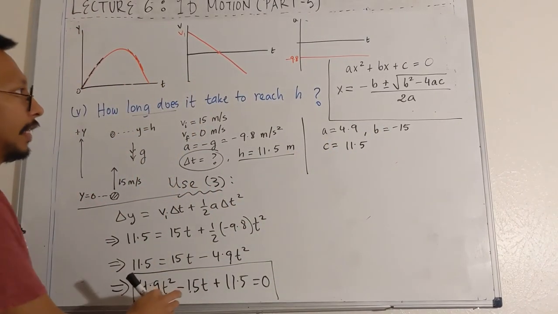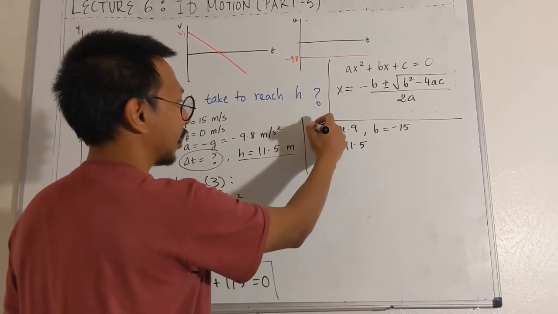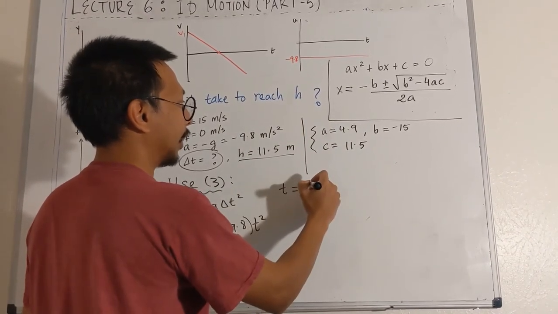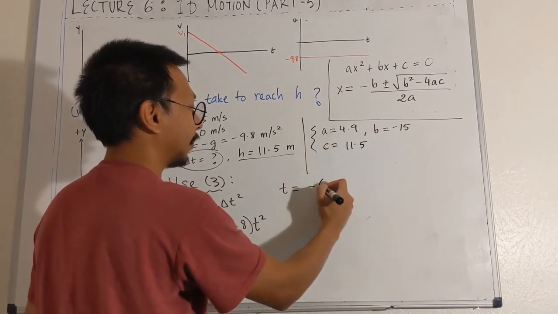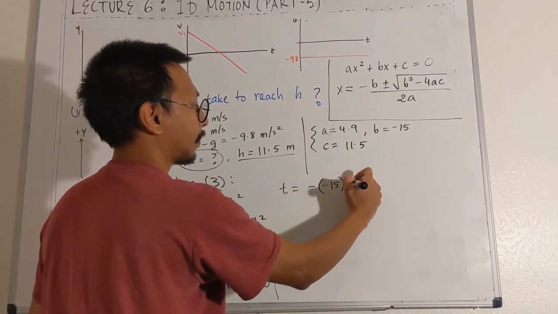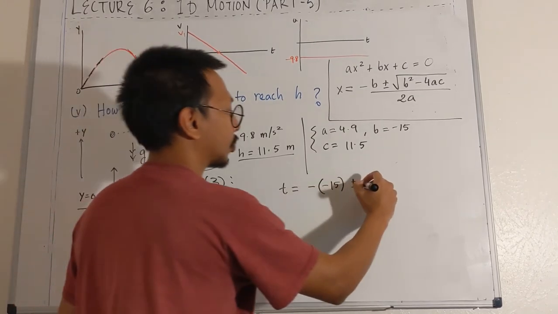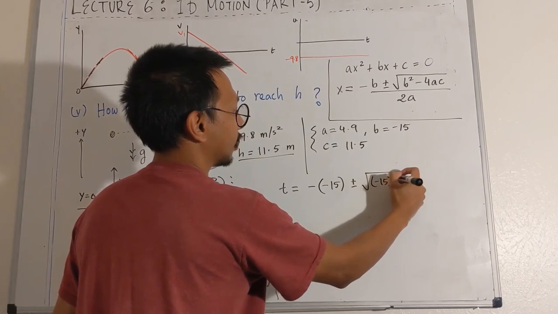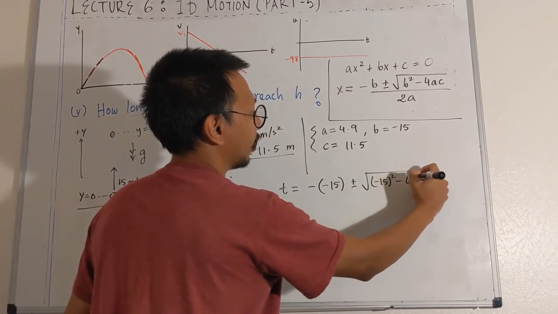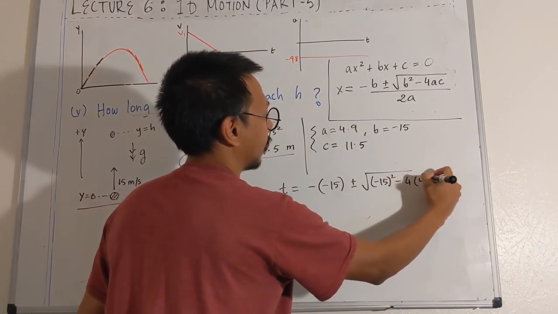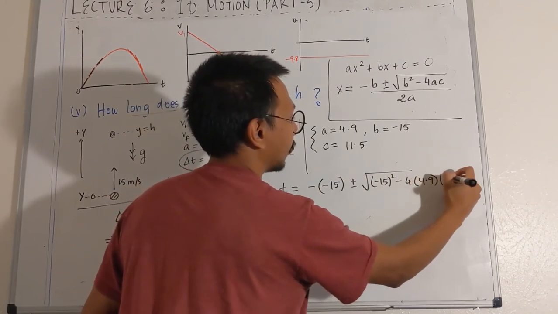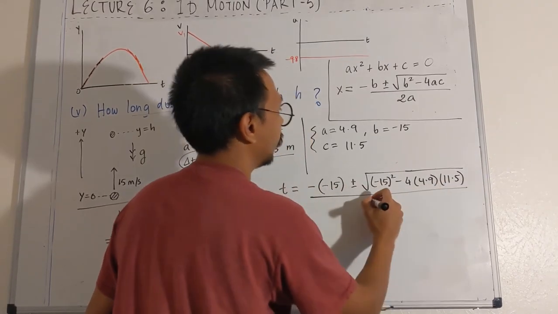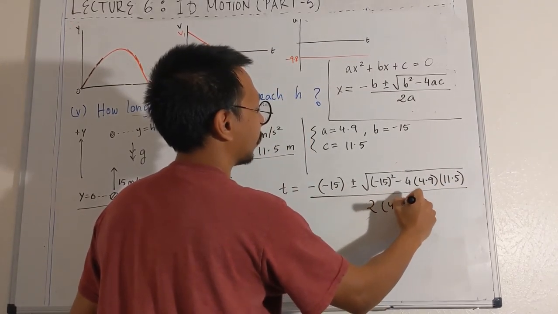So t can be solved for using that equation and these coefficients. t equals negative b, so negative of negative 15, plus minus square root of negative 15 squared minus 4 times a 4.9 times c 11.5, divided by 2 times a 4.9.